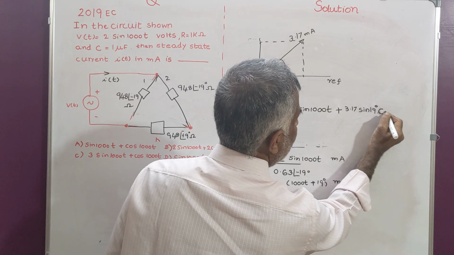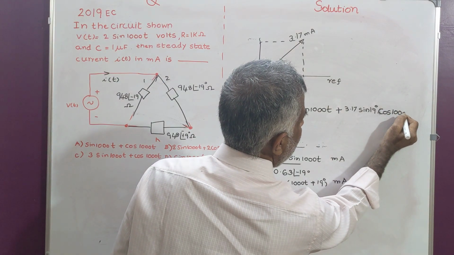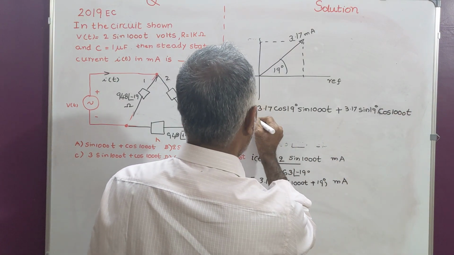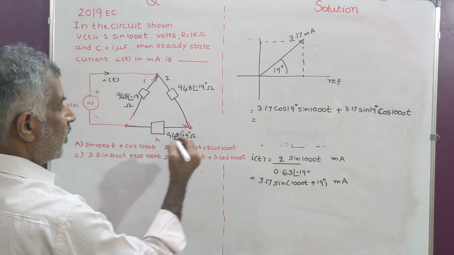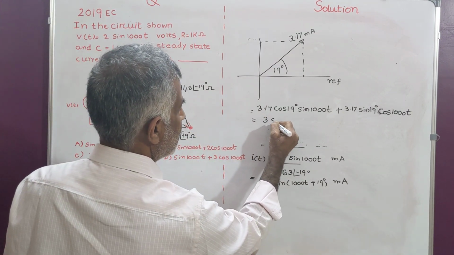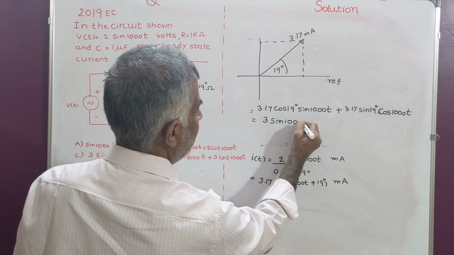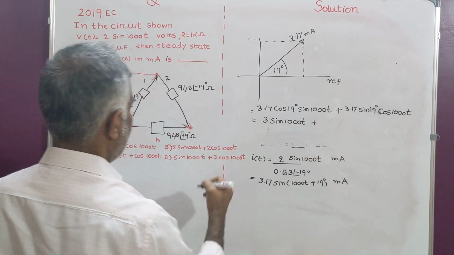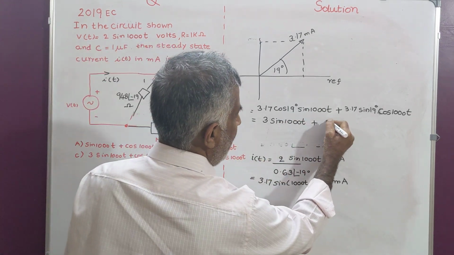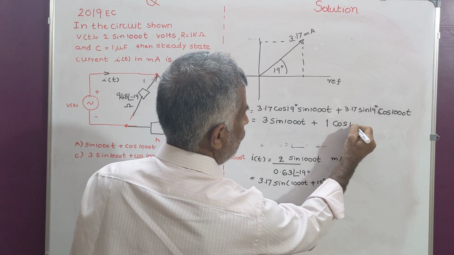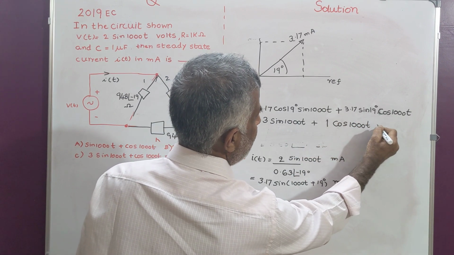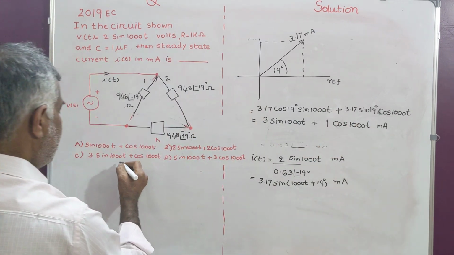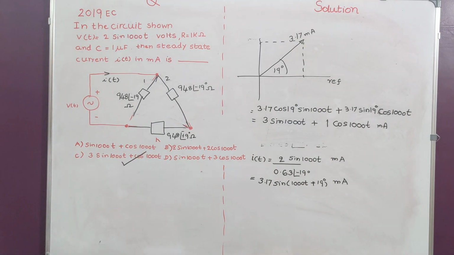That is why cos 1000t. If you calculate, it comes out to be 3 sin 1000t plus 1 cos 1000t milliamperes, and this is going to be the answer.